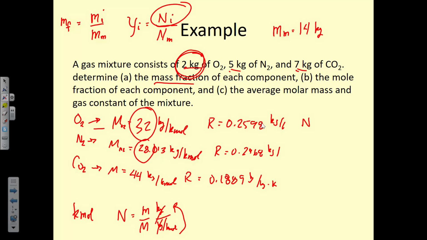So 2 over 32 gives us 0.625 kilomoles. 5 over 28 gives us 0.178 kilomoles. And 7 over 44 gives us 0.159 kilomoles.